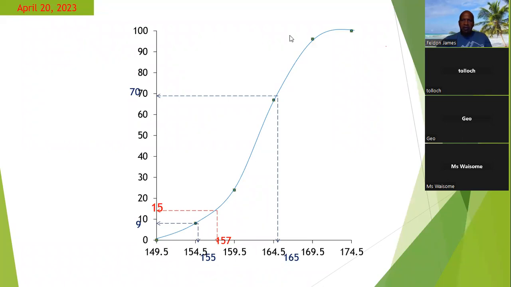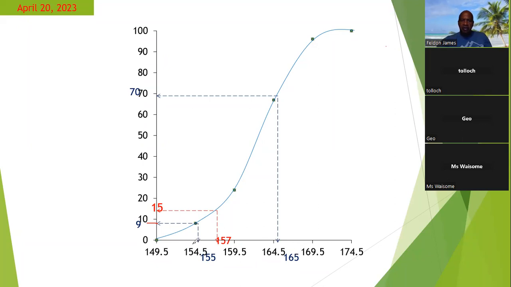So when we think about the number of men between, it means that if the height of 155, we have 9, it means that all the men with heights less than 155, those would not fall between the height of 155 and 165.